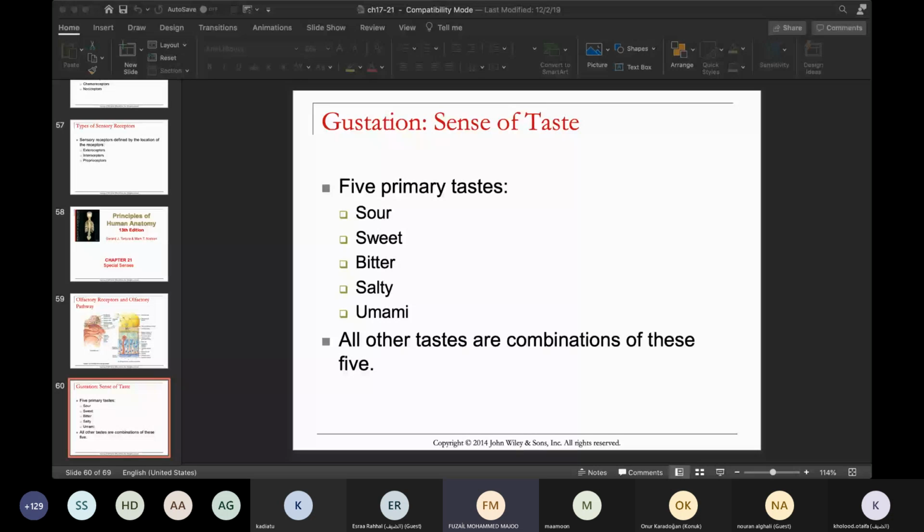What type of taste would umami be? I don't know, teacher. Sorry. No problem. Who else? Sundus, what is umami?